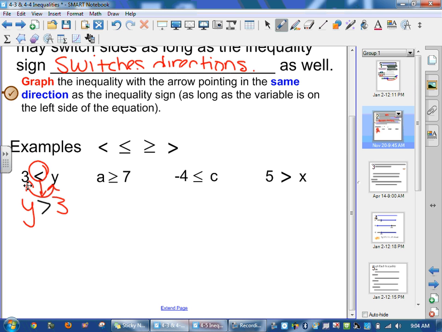Is A proper? Yes, it is. Is this third one proper? No, it's not. So let's switch these guys around. Let's see, over here, -4 over here. Which way is my arrow going to point? Towards the -4. And I've got my line underneath it, because that's greater than or equal to now.